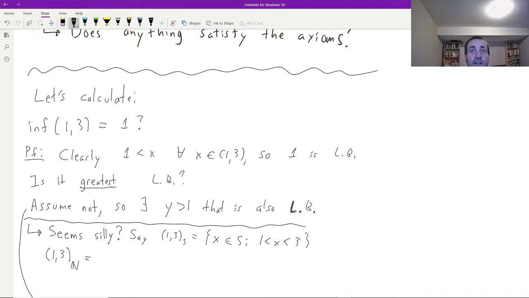So I said before that the infimum of the open interval (1, 3) should be exactly equal to 1. So how do you check something like that? Well, one direction is easy. It's clear that for every x between 1 and 3, 1 is less than or equal to x. Why is that clear? Well, that's really the definition of the interval (1, 3).